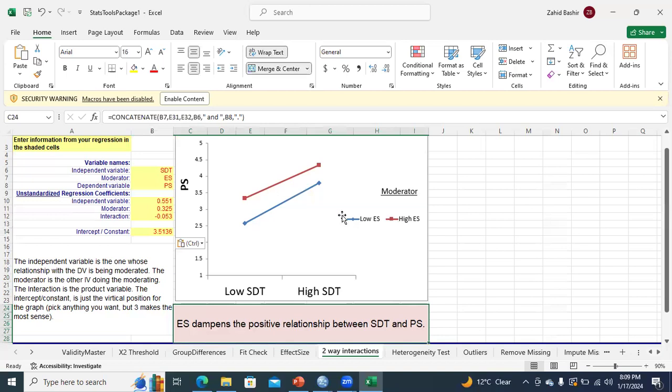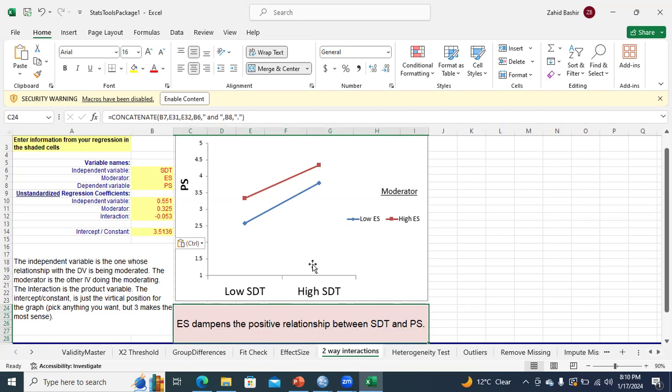The steeper line is relevant to high ES value. So as the ES value increases, it becomes steeper, and as the ES value becomes lower, it becomes flatter. So it means by increasing the ES value, we can dampen the positive relationship between SDT and PS.